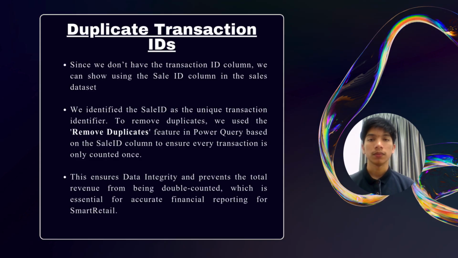So 50 ringgit times 100, if we calculate with the duplicates, the total will be 5000. So this is misleading and inaccurate, and the financial reporting will be inaccurate.